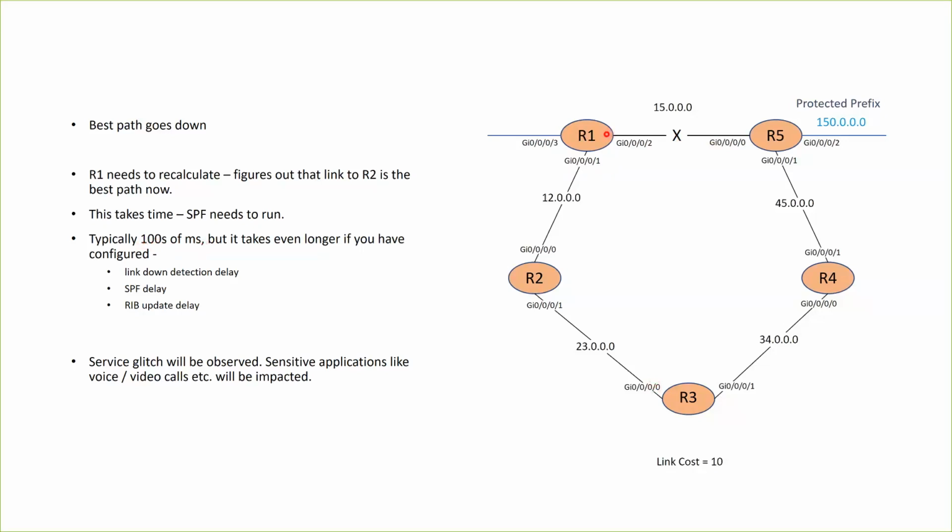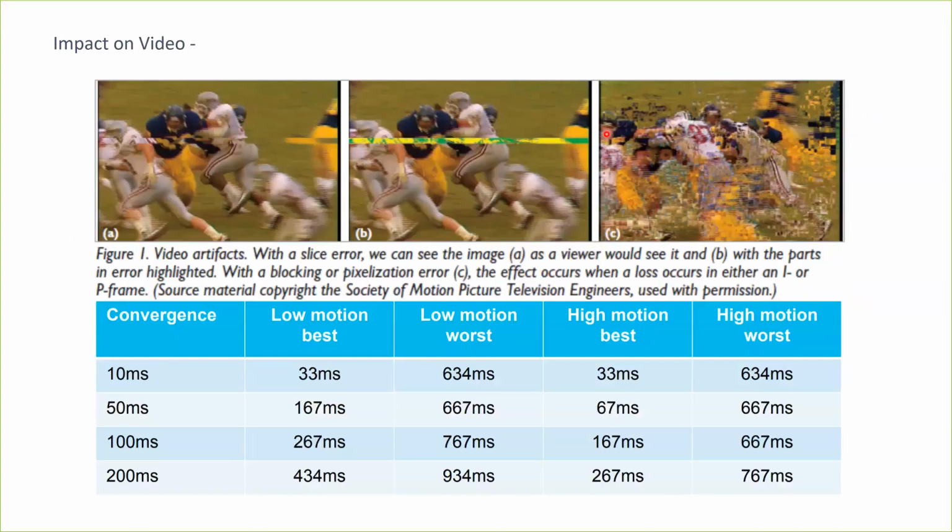When I say service glitch, look at this video. In terms of low resolution and high resolution video, consider the worst case drop of 900 milliseconds or 700 milliseconds for high resolution traffic; you see how the video is.